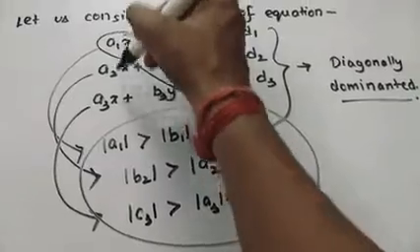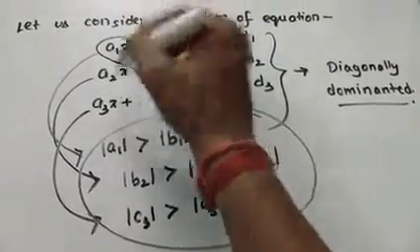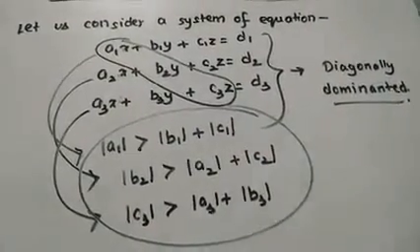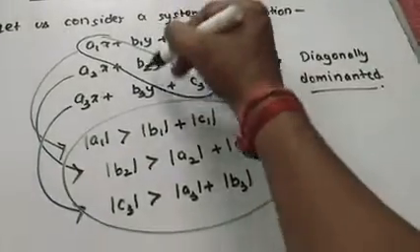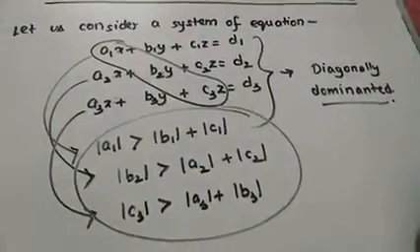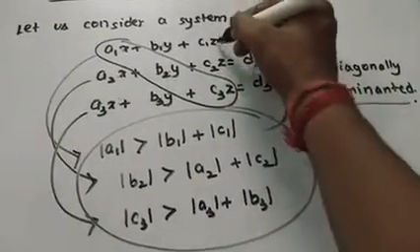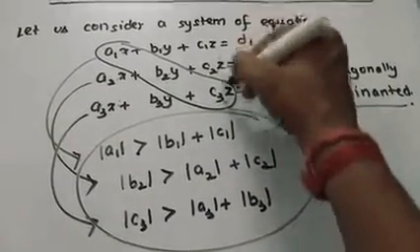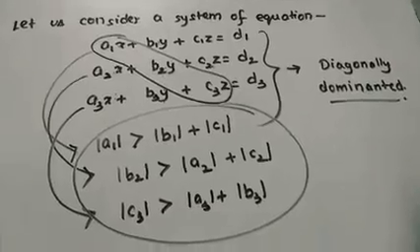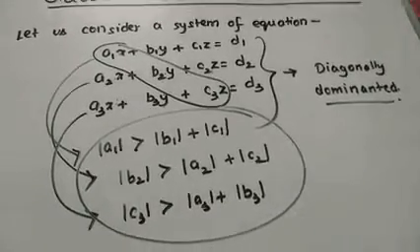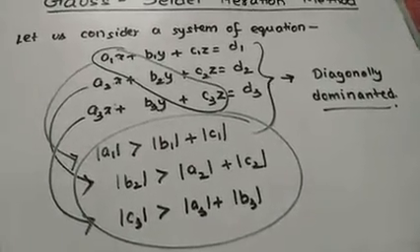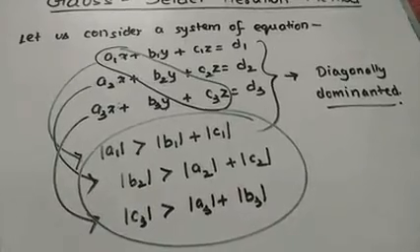In the x column you search for the highest coefficient and make that equation first. In the y column you search for the highest coefficient of y and make that the second equation. In the third, for z, you search for the highest coefficient of z and make that the third equation. This is a simple procedure to make the equations diagonally dominant.